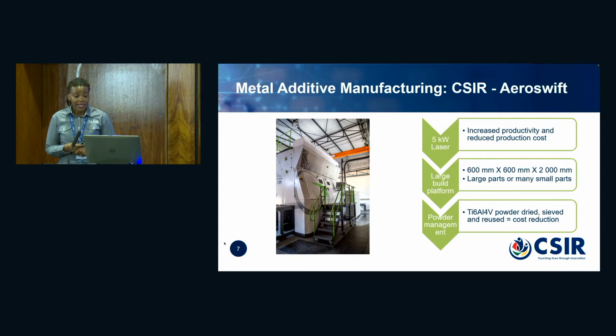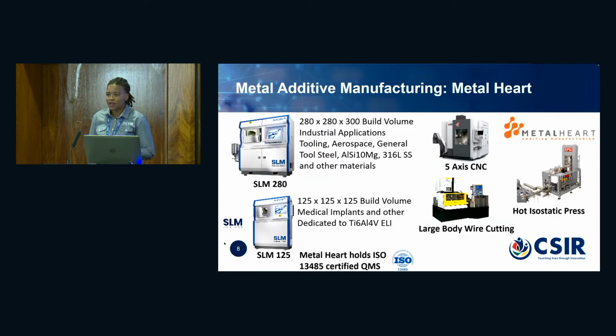Then we'll look at Metal Heart. Metal Heart is an SMME in the south of Joburg, and they've got various capabilities within the additive manufacturing value chain. They've got commercial systems. They have an SLM 280, which is the bigger machine, and they use it for different types of materials, for research and industrial purposes.